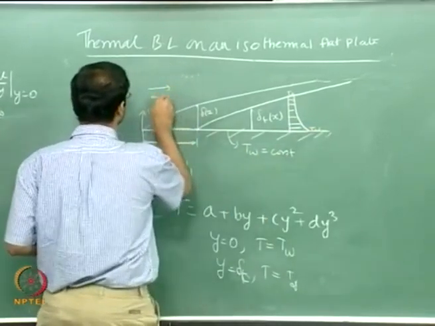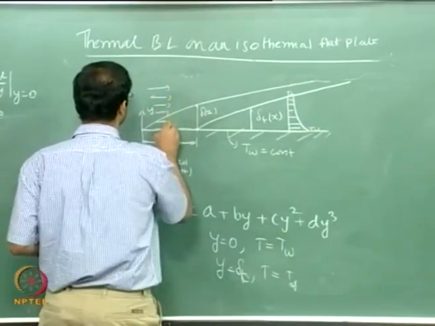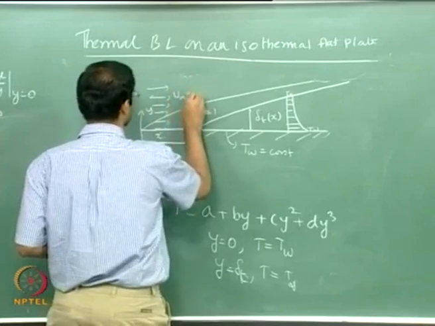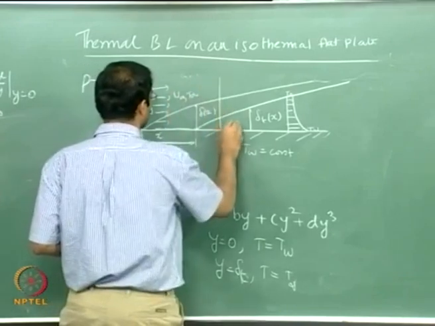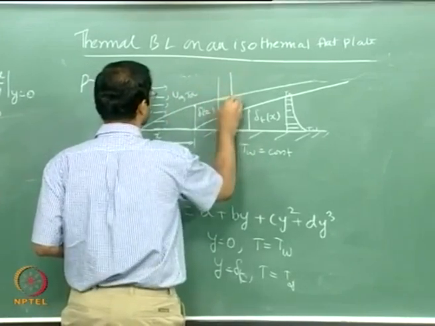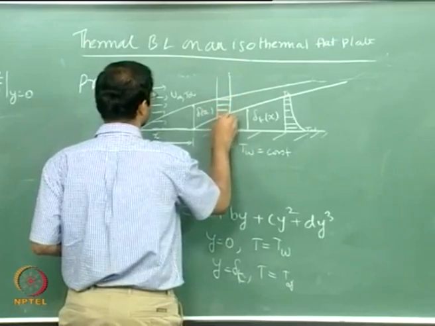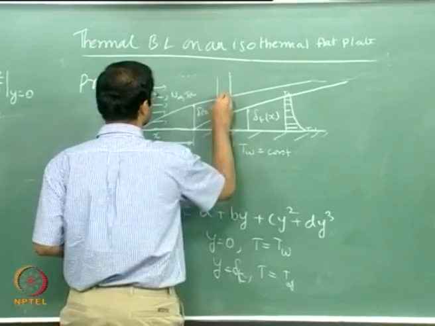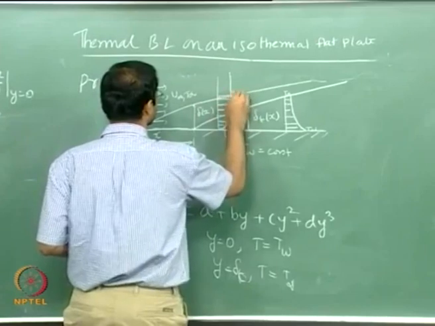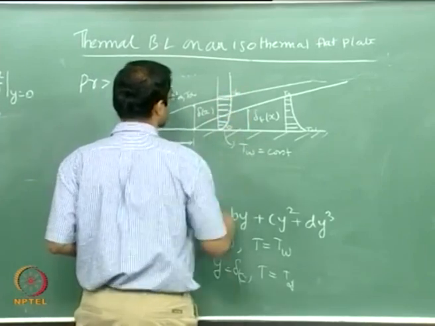Similarly, the same way with the velocity boundary layer, this is your u infinity, this is 0.